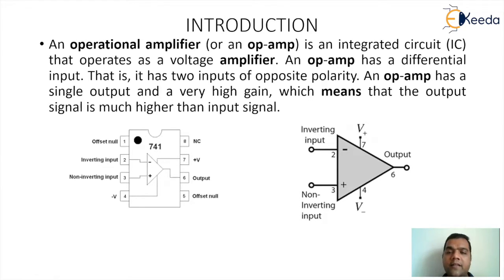It is designed with two types of input points, non-inverting input and inverting input, and a single output point defined by the term Vout, available at pin number 6 in IC741. An operational amplifier has a single output and a very high gain, which means the output signal is much higher than the input signal.